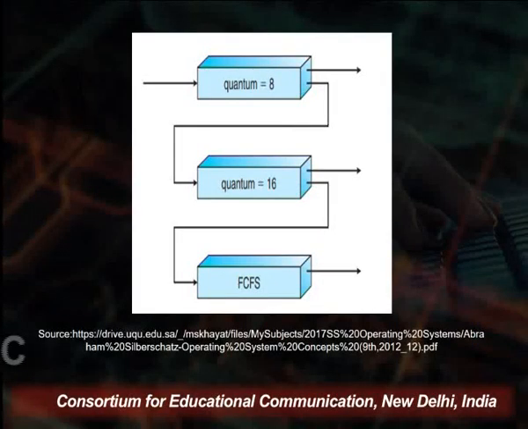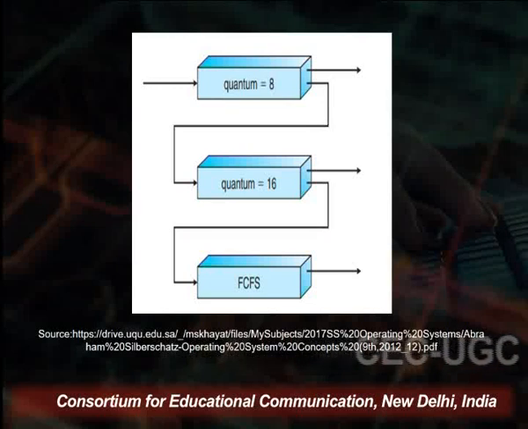So that particular queue is given a quantum of 8 milliseconds. If that particular process has not completed its processing, then it will be moved to the lower priority queue, which is in the middle of the figure, which has a quantum equal to 16.